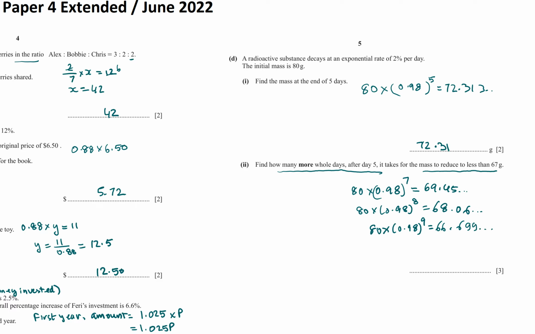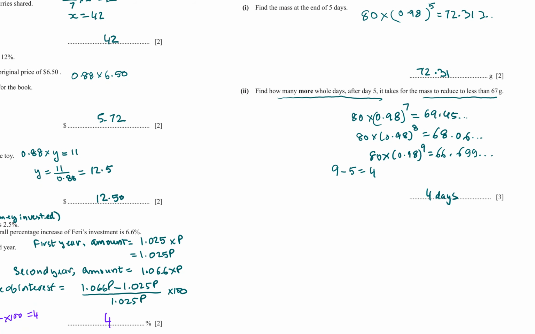That is 66.7, which is less than 67. So the answer is 9 days. So 9 minus 5 after 5 days, that is 4 days. How many whole days? That's 4 whole days. So that's the answer.